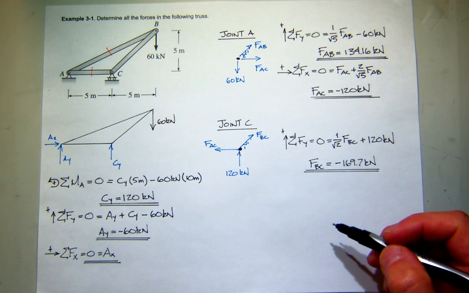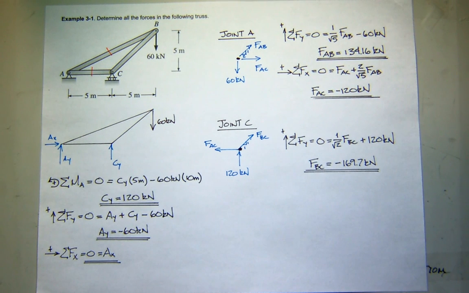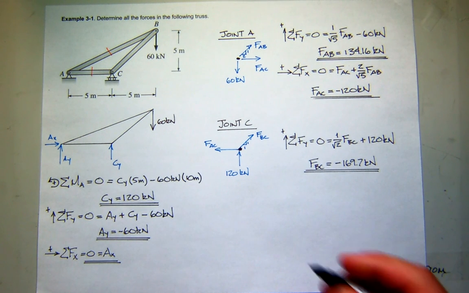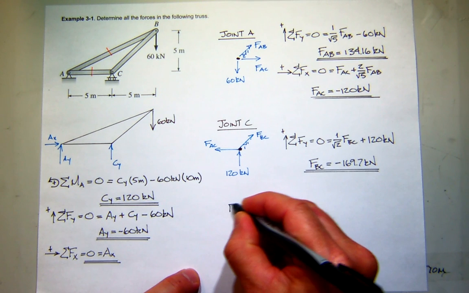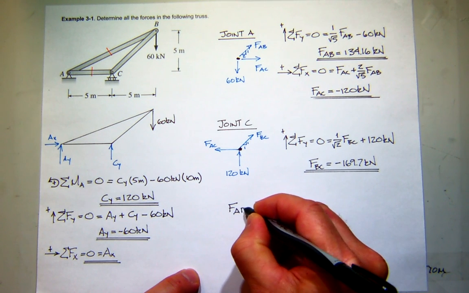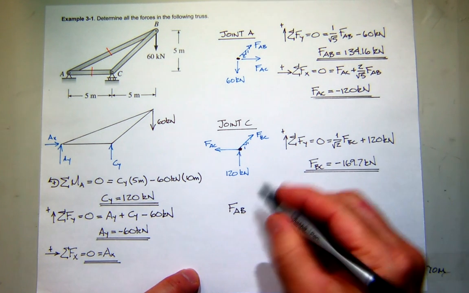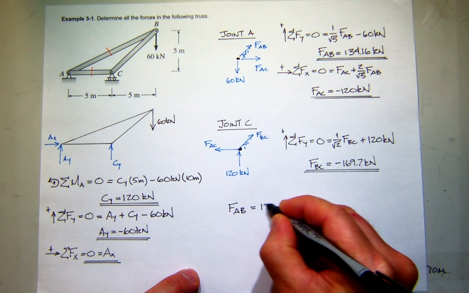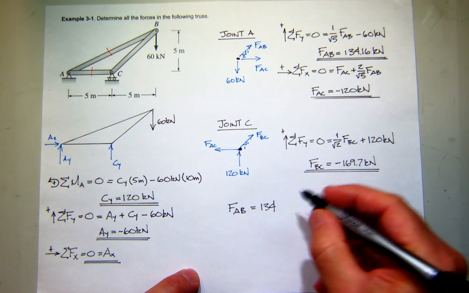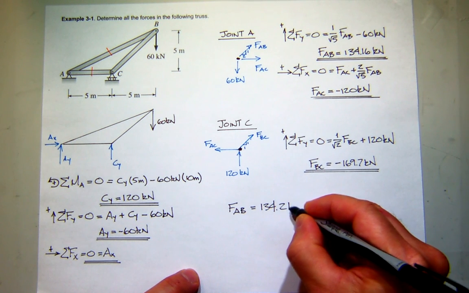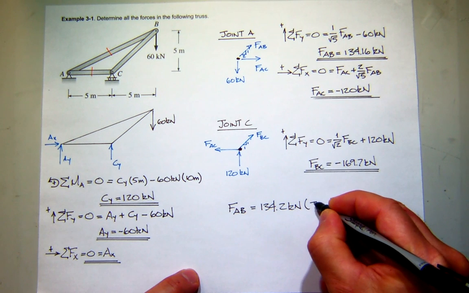Now what I could do, if I wanted to end this formally, is say the force in AB, let's see, AB is equal to 134. Maybe I'll apply my 4 significant figure rule here. And that is in tension.